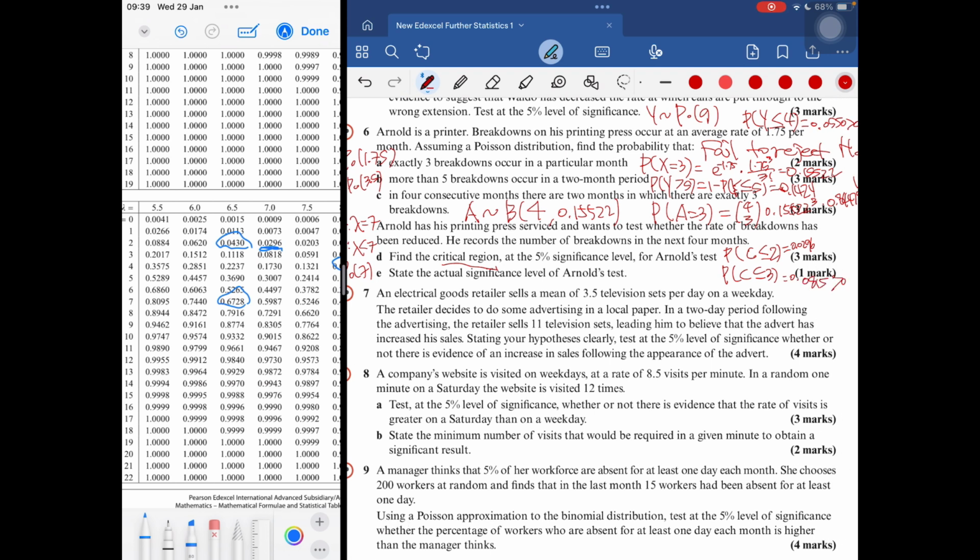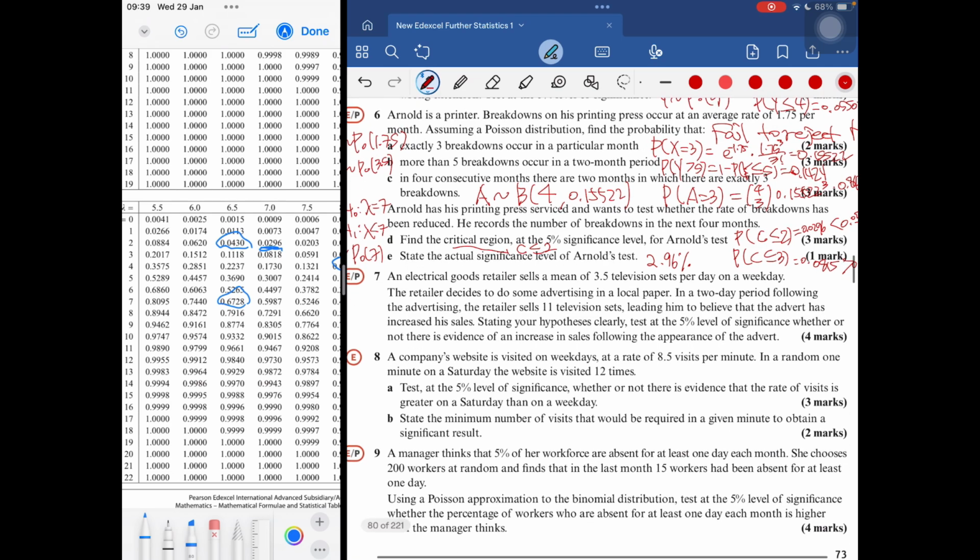So this is more than 0.05 and this is smaller than 0.05. So the critical region is C smaller than or equal to 2. The actual significance level at this moment is 2.96%, we can say.